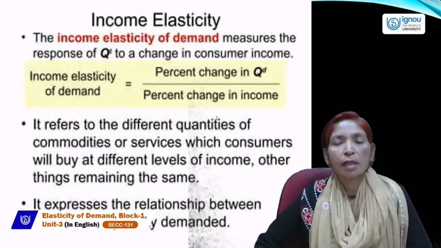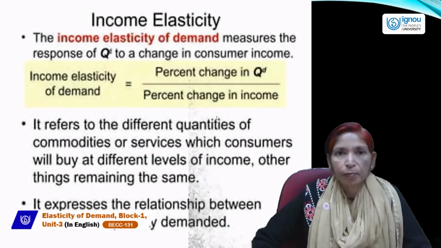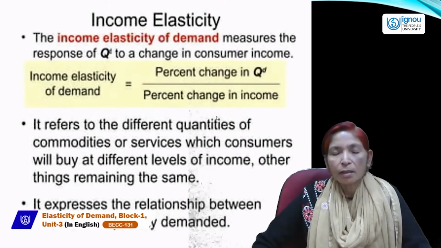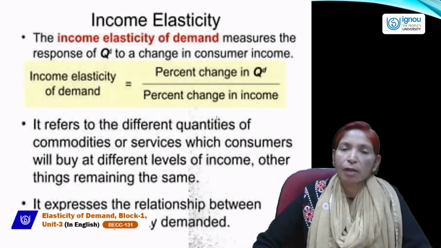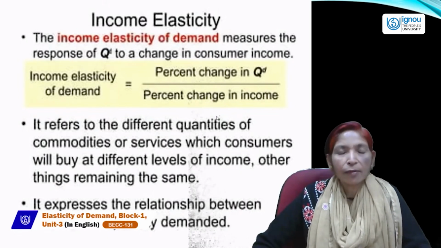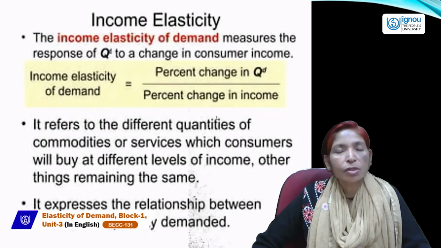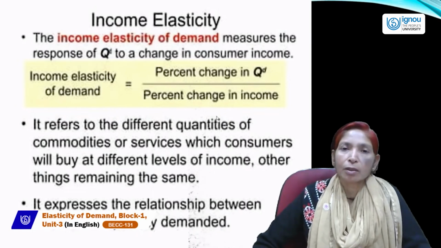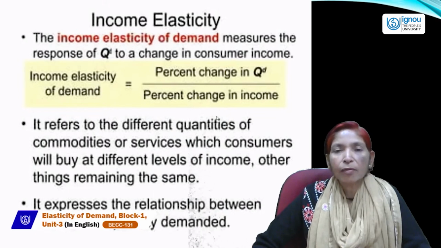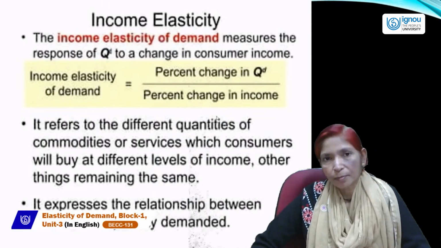Inferior means less qualitative product. If our income falls, then we will demand more inferior products. And if our income rises, then we will demand normal goods or superior goods, not inferior goods. So there is an inverse relationship between demand for inferior goods and income of the consumer.